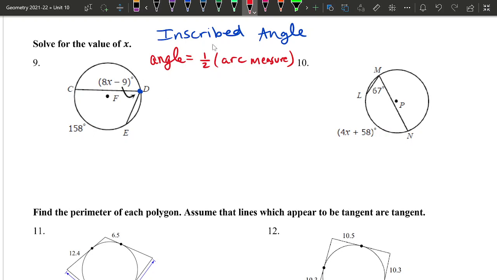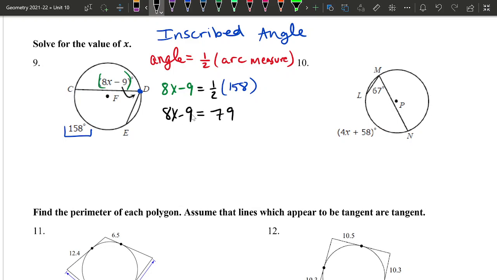All right, so my angle, in this case, the angle is what's in parentheses. So 8x minus 9 equals 1/2 of the arc measure, and the arc measure is given to me, it's 158 degrees. So half of 158 is 79.